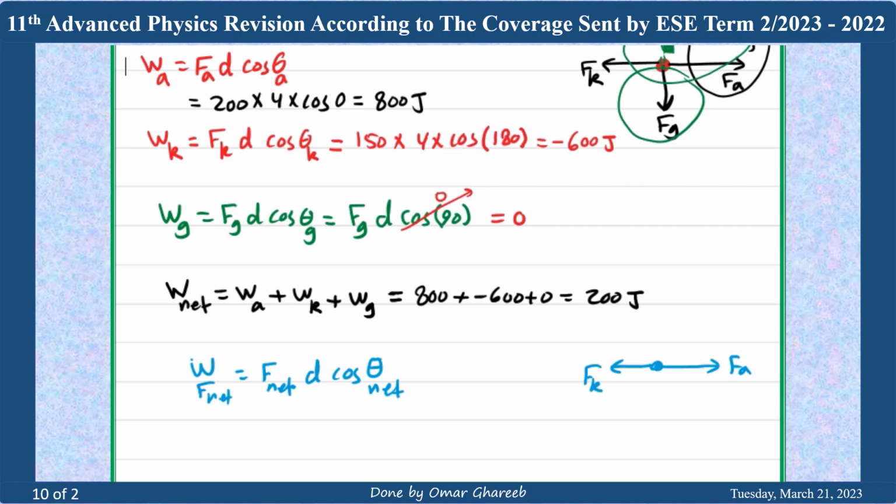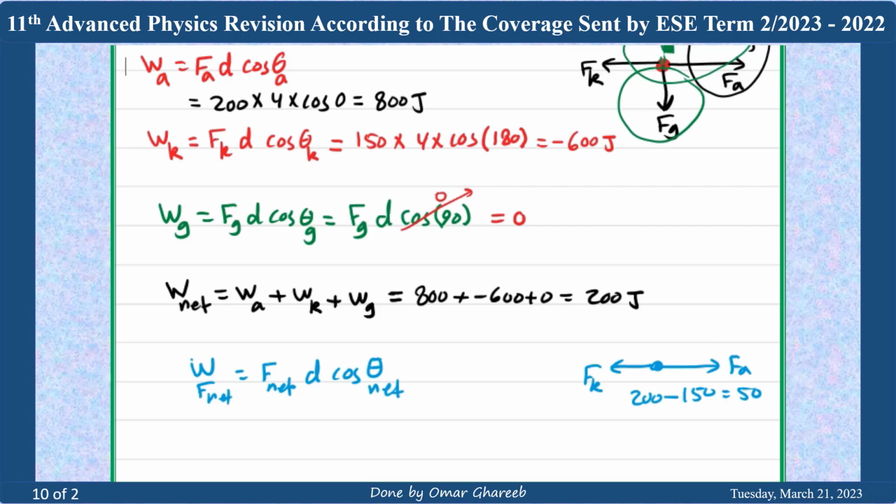FG we will not consider because it is normal to the motion. So the net force now is only FA minus FK. FA is 200 minus FK, which is 150. So the answer is 50.